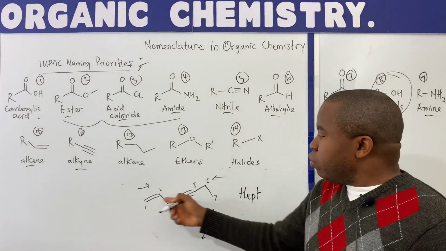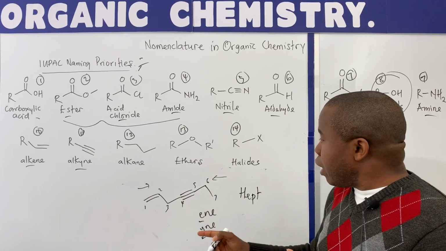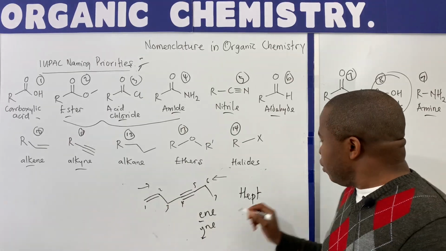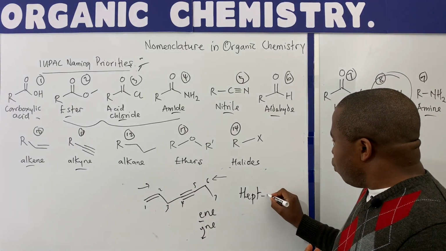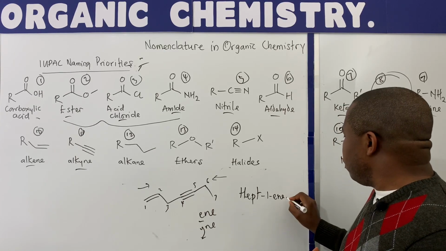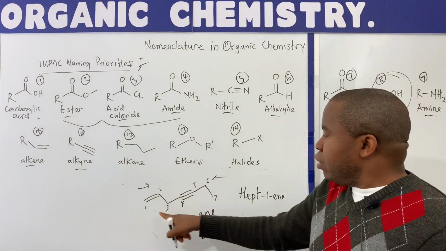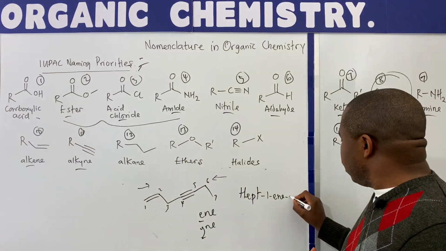And since we have two unsaturated functional groups, alkene and alkyne, we're going to say this is 1-en, but then we have yne also, we have the alkyne, so it's going to be 4-yne.